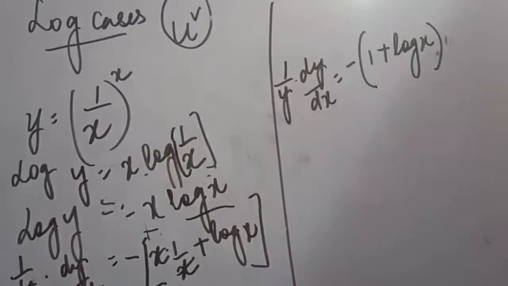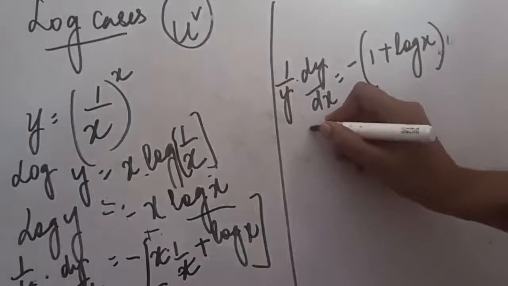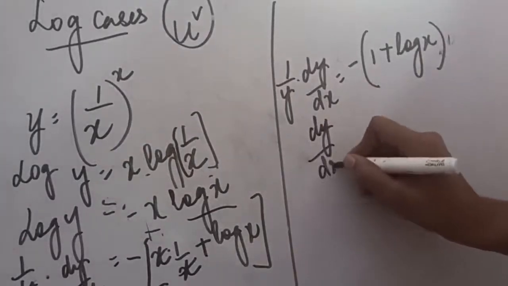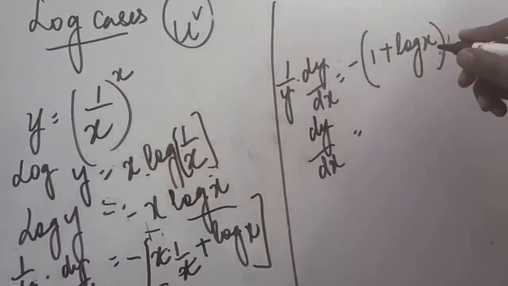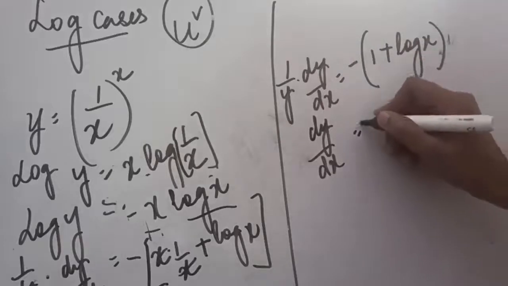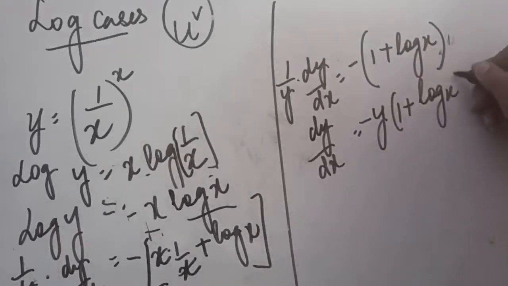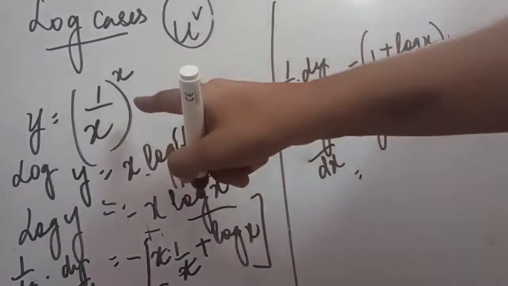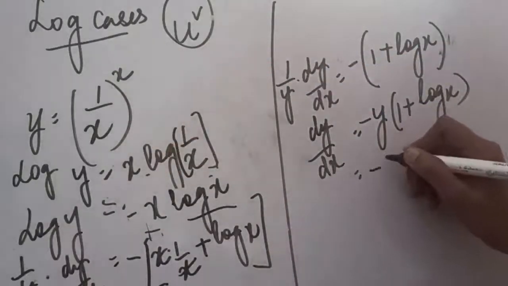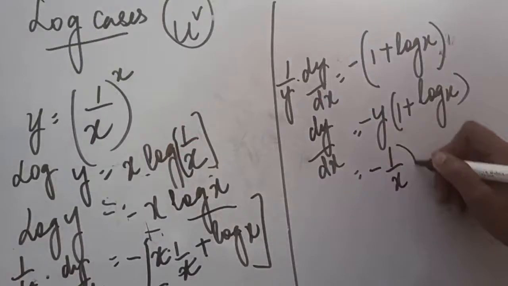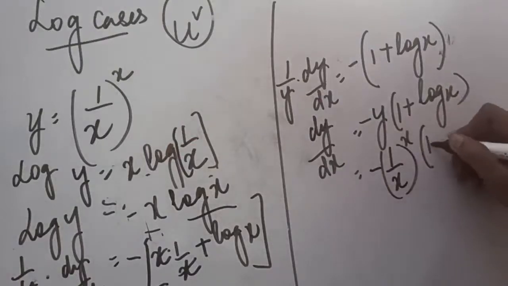So from here if you want to calculate dy upon dx, it was divided, so it will be multiplied again. So minus y into 1 plus log x. Finally if we put the value of y that we assumed in the question, it will be minus 1 upon x whole power x into 1 plus log x.